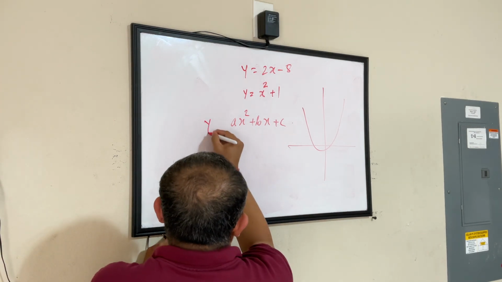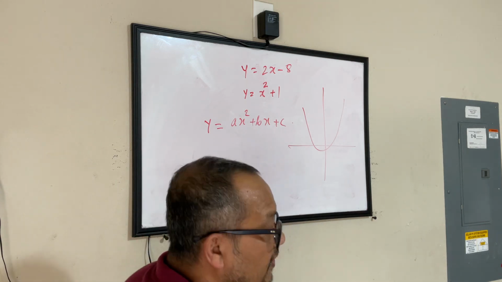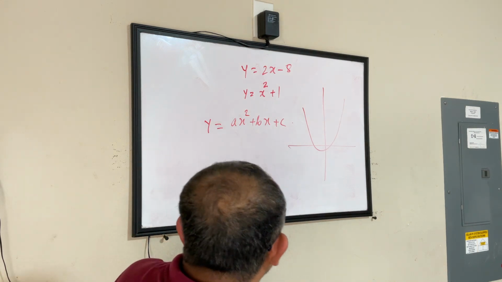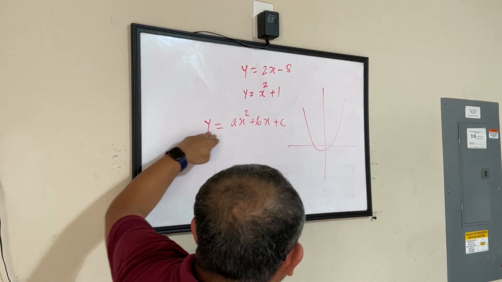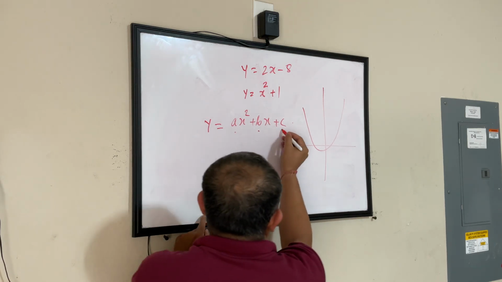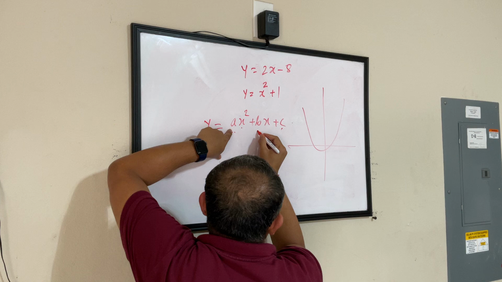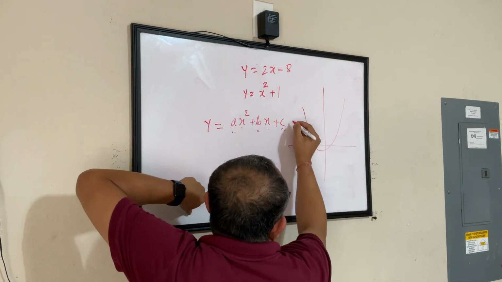If I convert this into an equation, this is my standard form of a quadratic equation. That means any flavor of this is my standard form. A, B and C are coefficients. A is my coefficient of x squared, B is my coefficient of x, and C is my coefficient of x to the power 0.